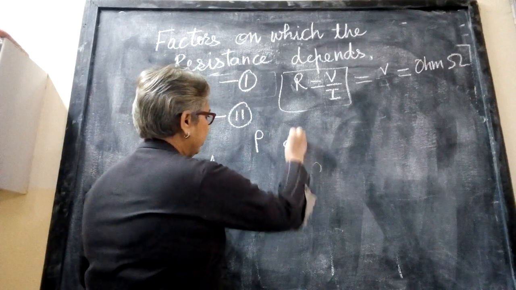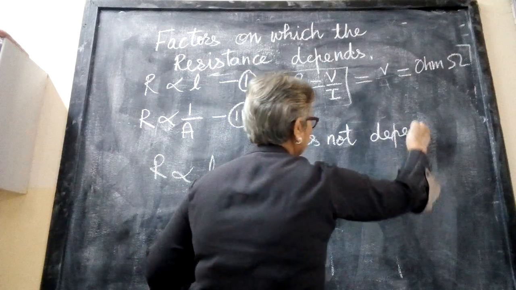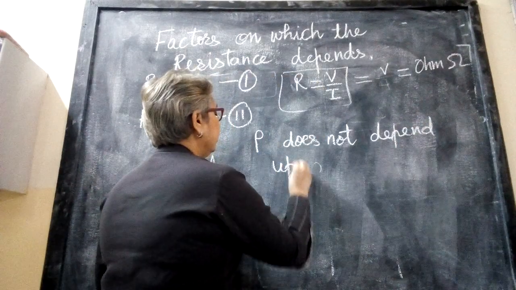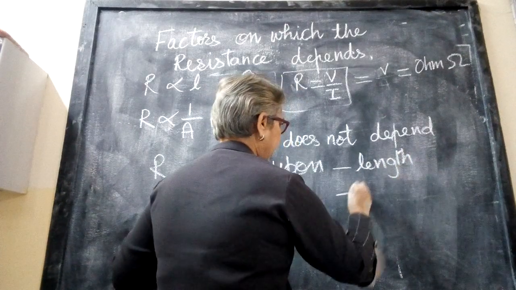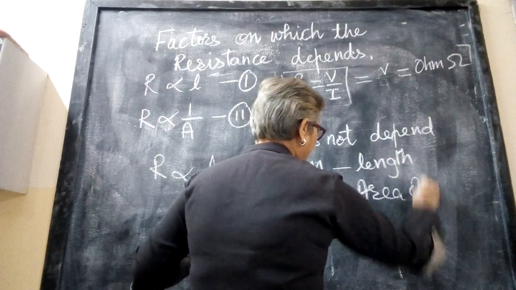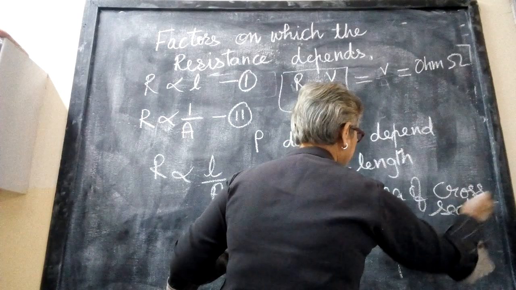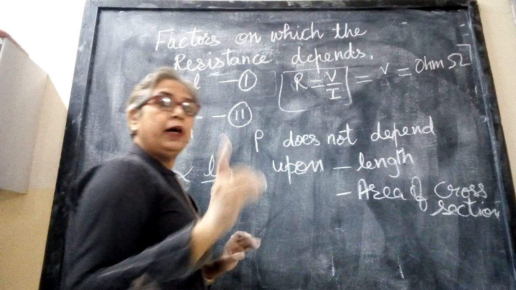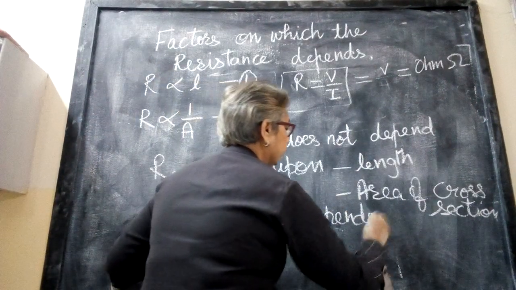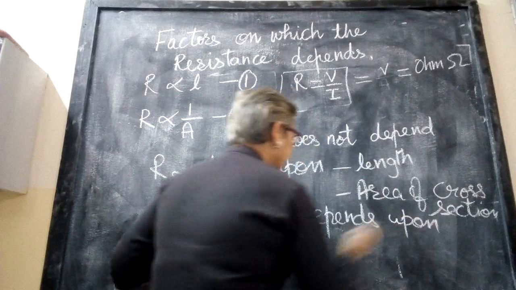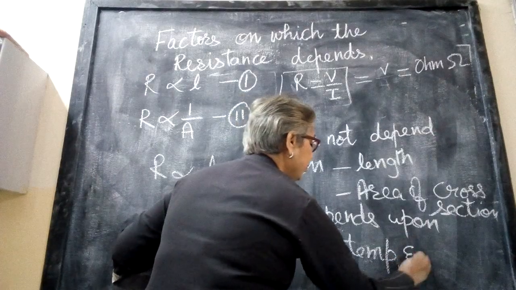Rho, resistivity, does not depend upon length and area of cross section, but it depends upon the temperature and material.